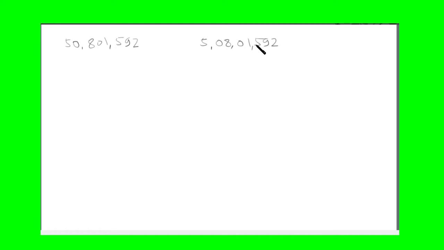Ones, tens, hundreds, thousand, 10,000, lakh, 10 lakh, crore, and this way we do it. While putting the commas, we start from every 3 digits. 1, 2, 3 digits we put a comma, then again 3 digits we put a comma, then again after 3 digits.